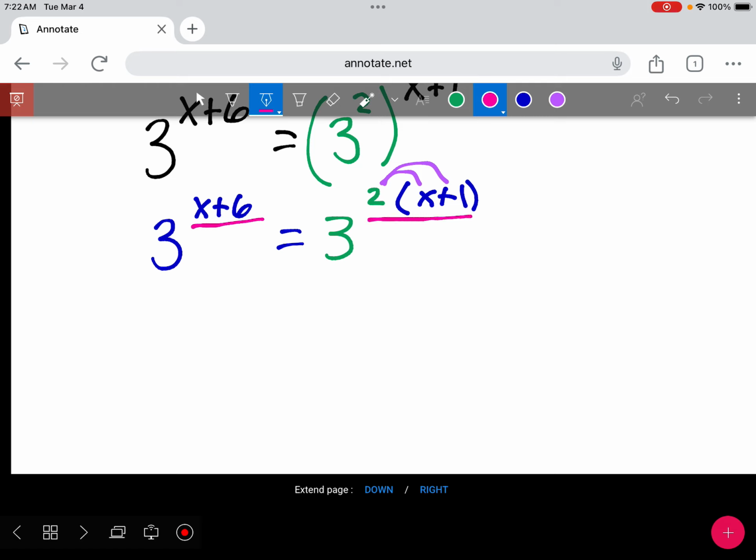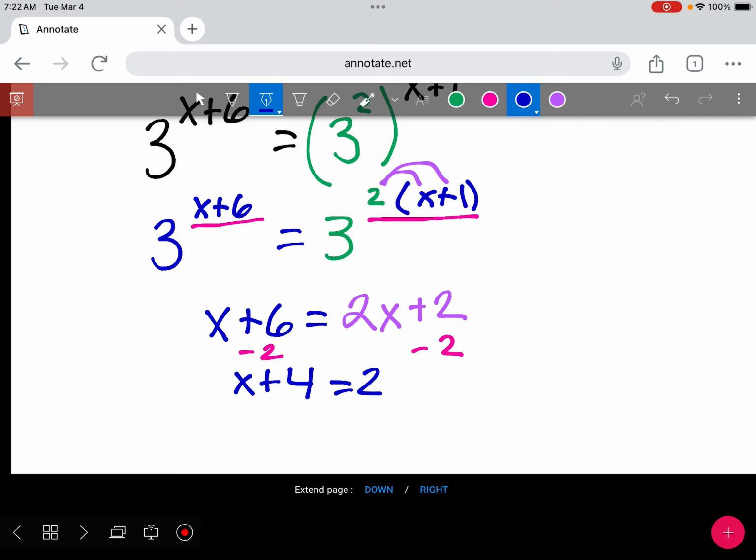Here we go. We can look at just our exponents since they're equal to each other now. So we want to know when x plus 6 actually equals, and we're going to do that distribution, our 2x plus 2. What do we do here? We can subtract the 2. That'll give us x plus 4 equals 2x.